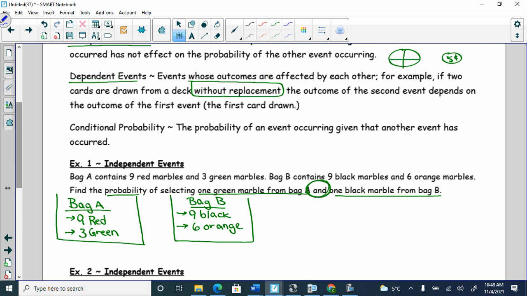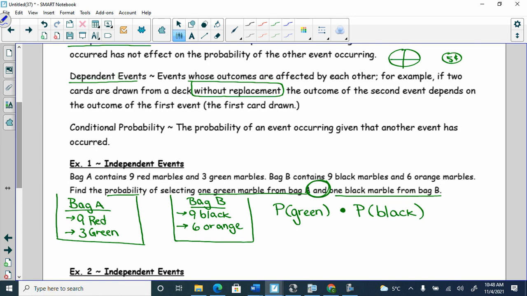Multiply. That's it. Right? So, the probability of a green multiplied by the probability of a black marble from bag B. What's the probability of a green from bag A?